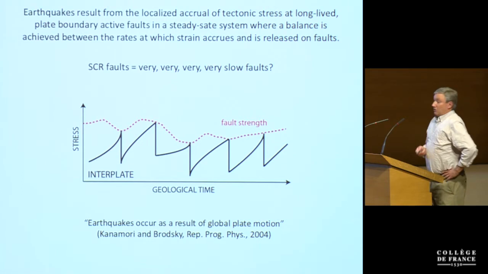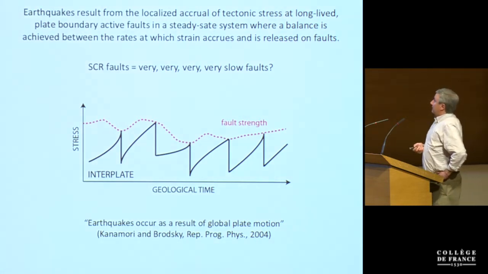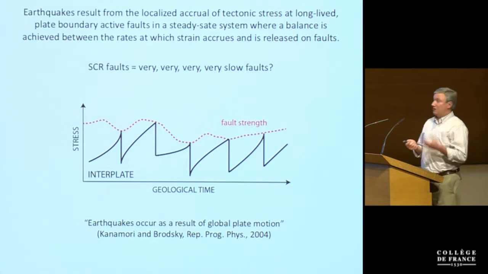So going back to the current paradigm, or the paradigm at play for intraplate earthquakes, this is a sketch that is borrowed from this paper by Kanamori and Brodsky. This is geologic time. You can put your own scale there if you want, and this is stress on a particular fault.